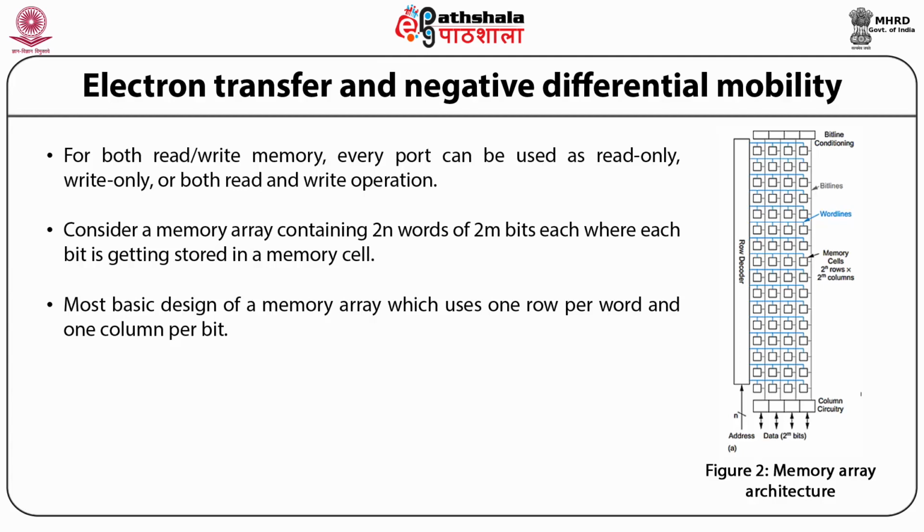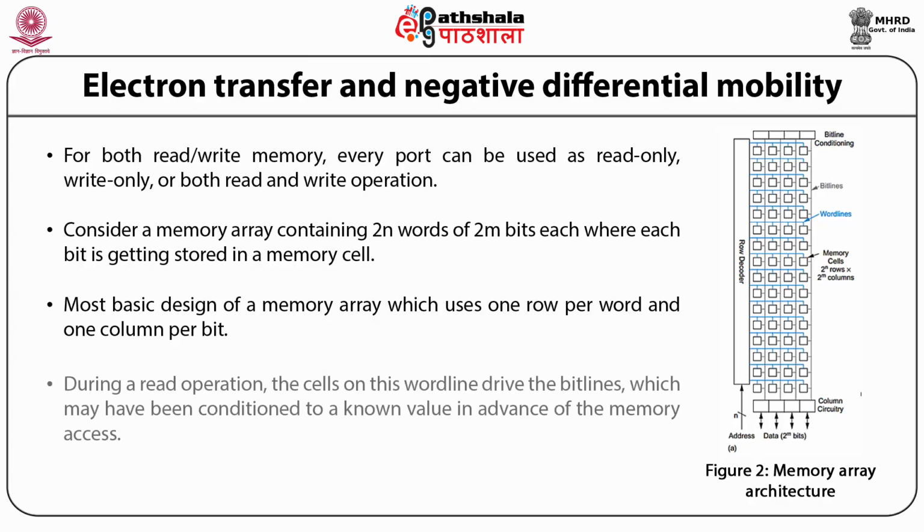So by asserting the word line, the row decoder activates one of the rows using the address. During a read operation, the cells on this word line drive the bit lines, which may have been conditioned to a known value in advance of the memory access.